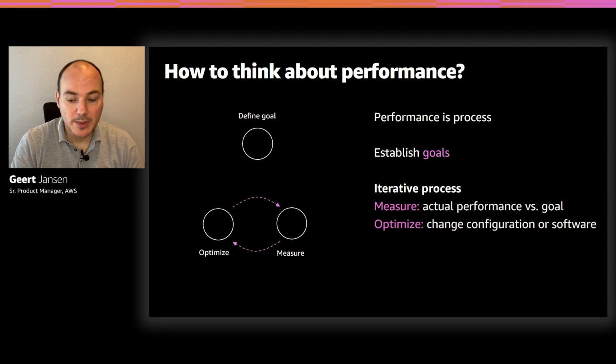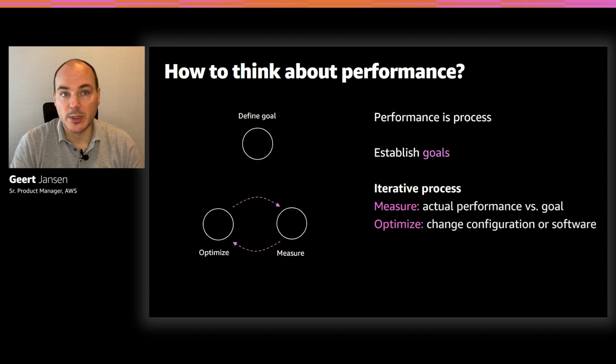So a better goal might be to have a goal that is related to something that your end users experience. For example, if you have a web application, a good goal might be, I want my average page load times to be 50 milliseconds or less. Or say you have a photo upload application, you could say, I want the upload performance for the P99 of my photos to be 2 seconds.